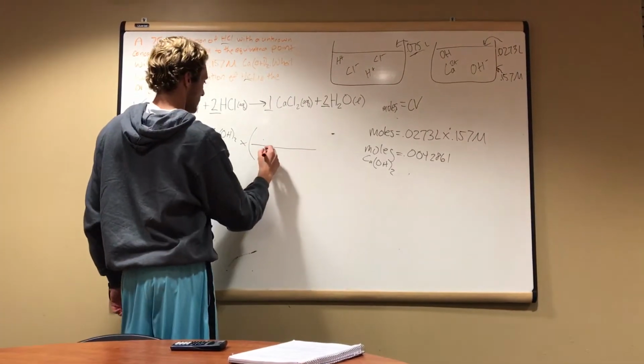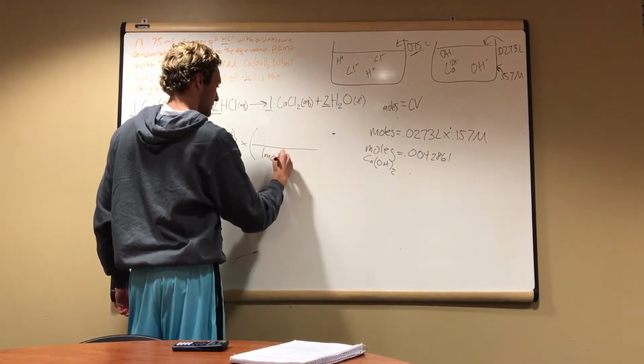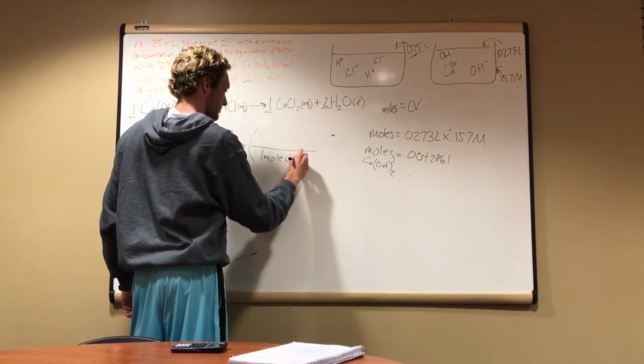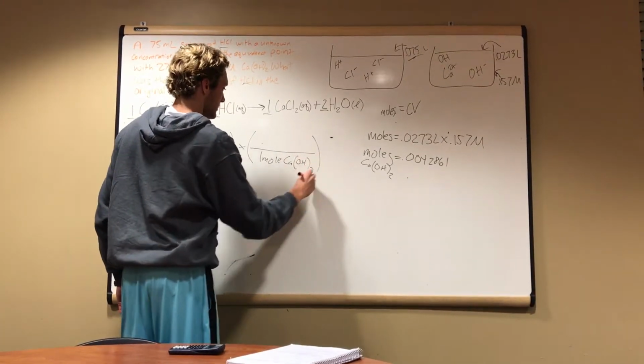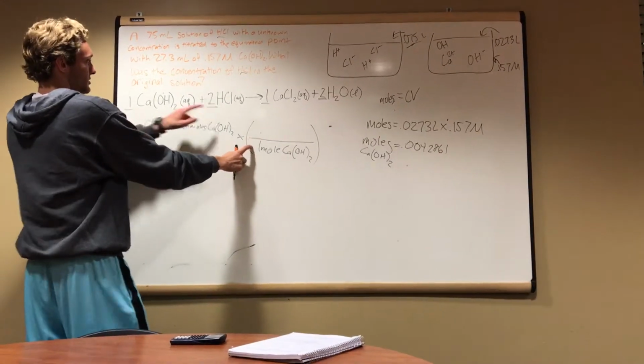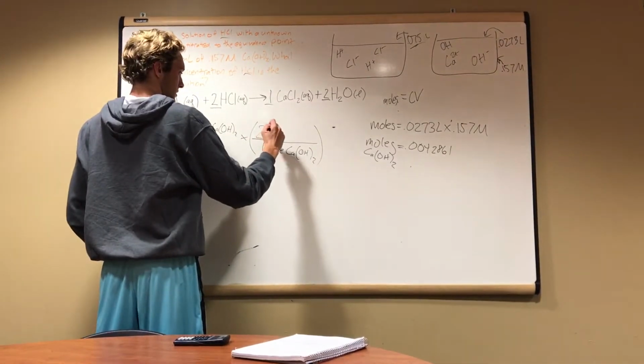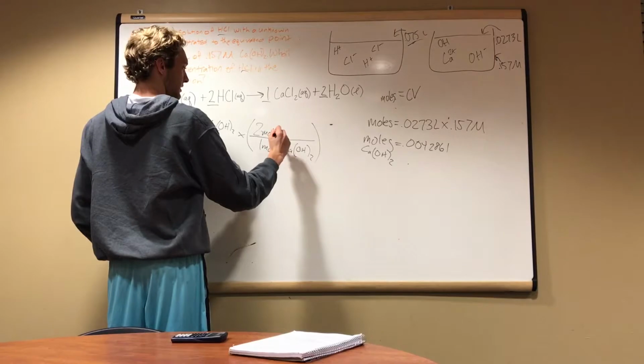So now we're going to do 1 mole of Ca(OH)2. So for every mole of Ca(OH)2, there's 2 moles of HCl.